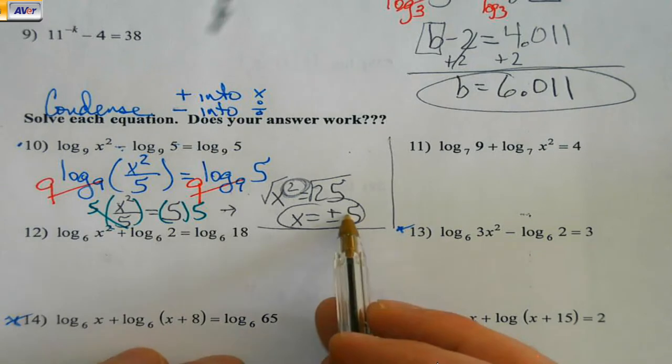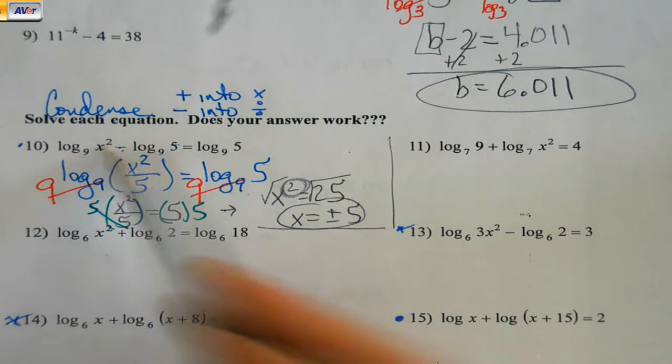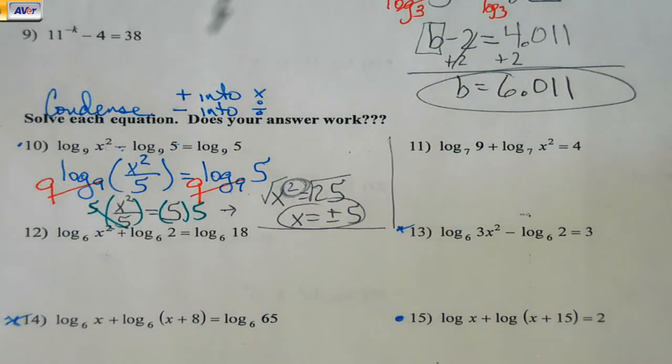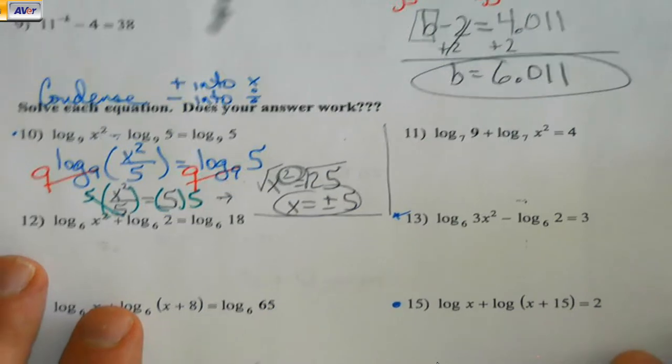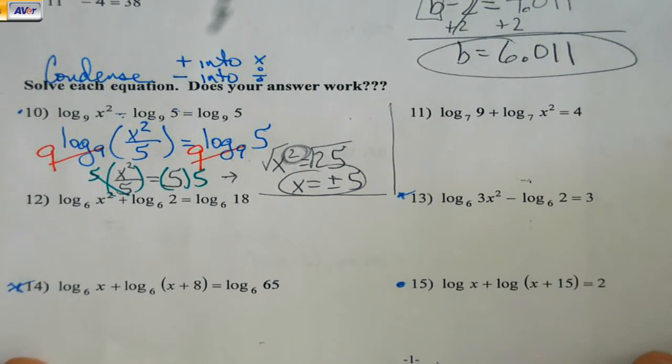So if I plug this in, if I square a number, that's going to be positive. And so since I noticed that's true for 5 and negative 5, my answers are going to be okay. But I've just got to make sure that I don't end up with that negative value or 0. And we're going to see that here in one of these in just a minute. Actually, we're going to see it right now. What am I talking about?